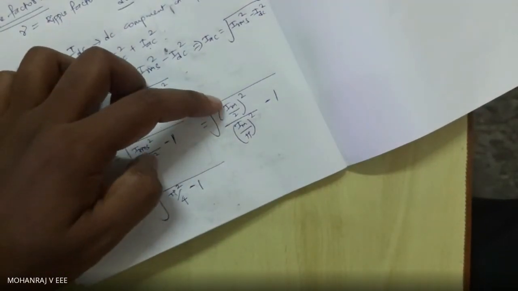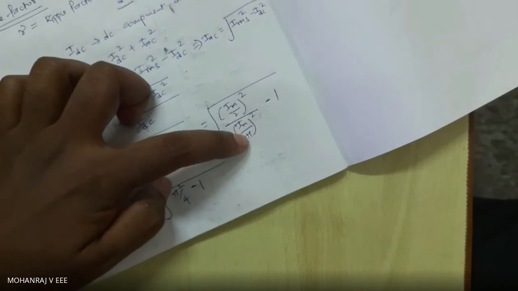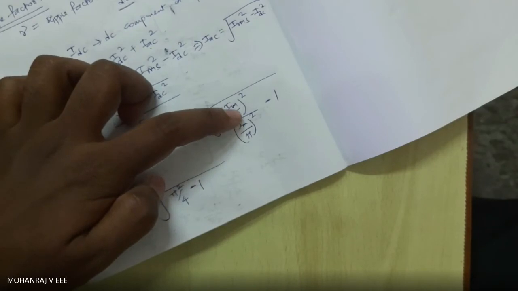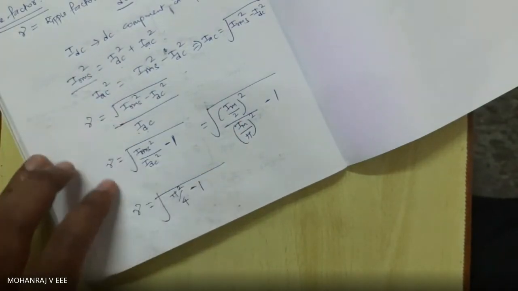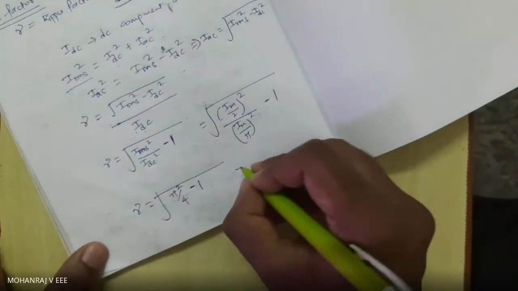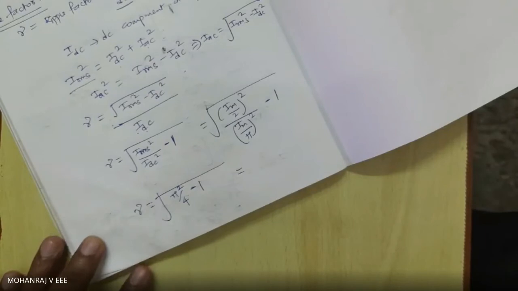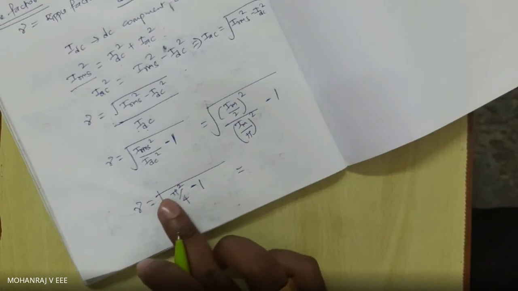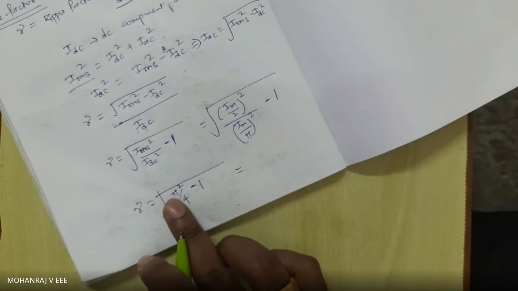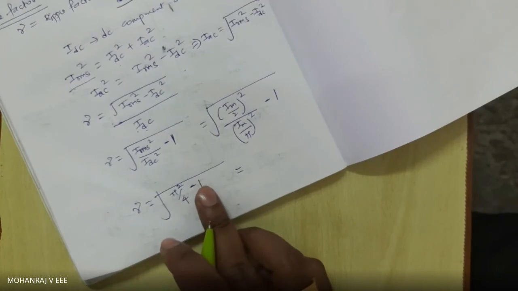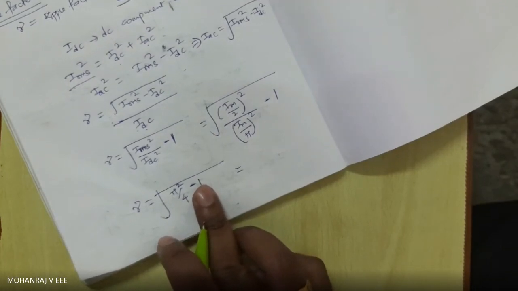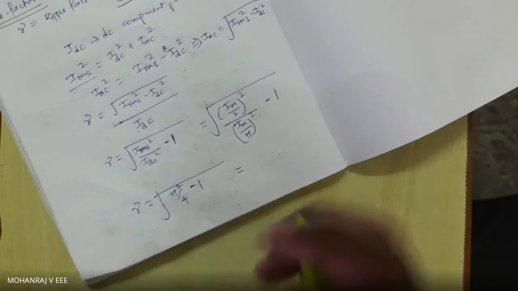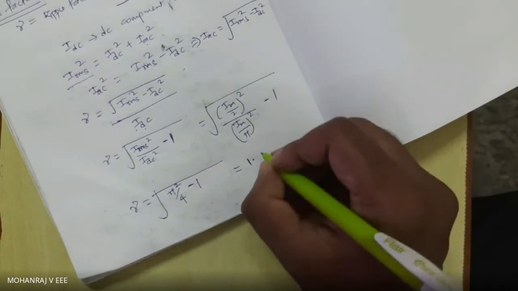If we simplify this, Im will get cancelled. We will get pi square in the numerator and 2 square in the denominator. 2 square is 4. So pi square by 4 minus 1, take the square root of the answer. That will give my ripple factor. So the ripple factor is found out to be, substitute pi is equal to 3.14, 3.14 square by 4 minus 1 is found out to be 1.21.